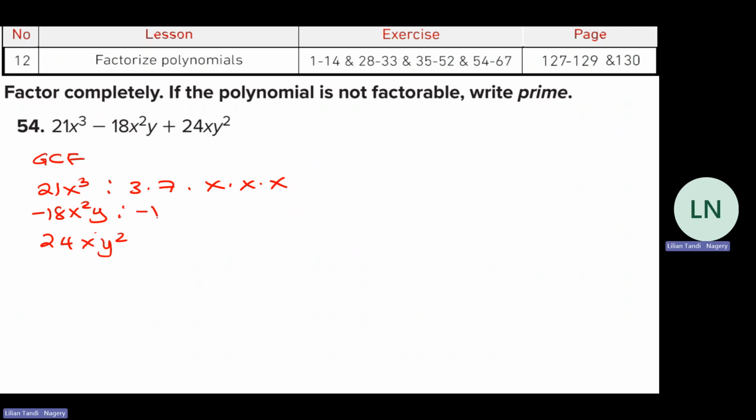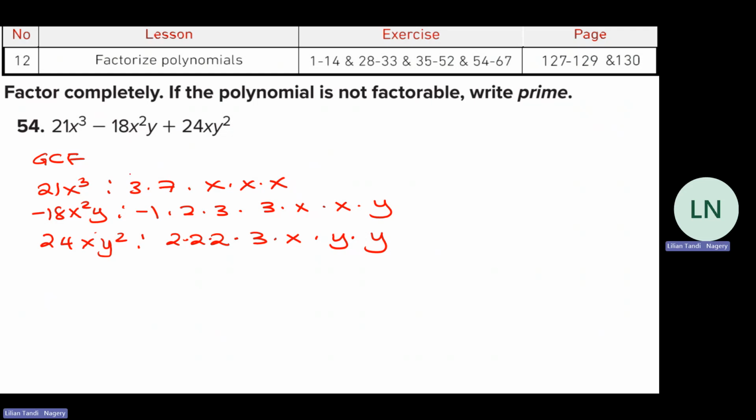Negative 1 times 2 times 3 times 3 times x times x times y. 1, 2, 3, that gives me 8 times 3 times x times y times y.